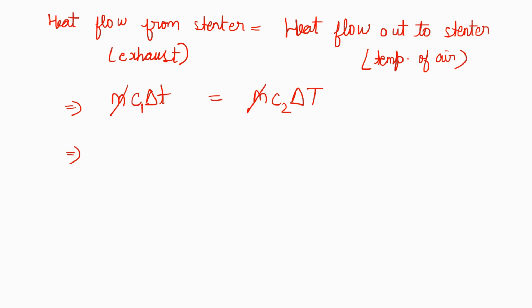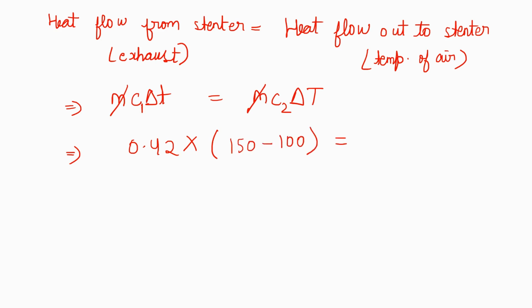For the heat flow from the stanter exhaust, the specific heat capacity is given as 0.42, and delta T is 150 minus the exhaust exit temperature. As you have seen in the figure, that is 150 minus 100.